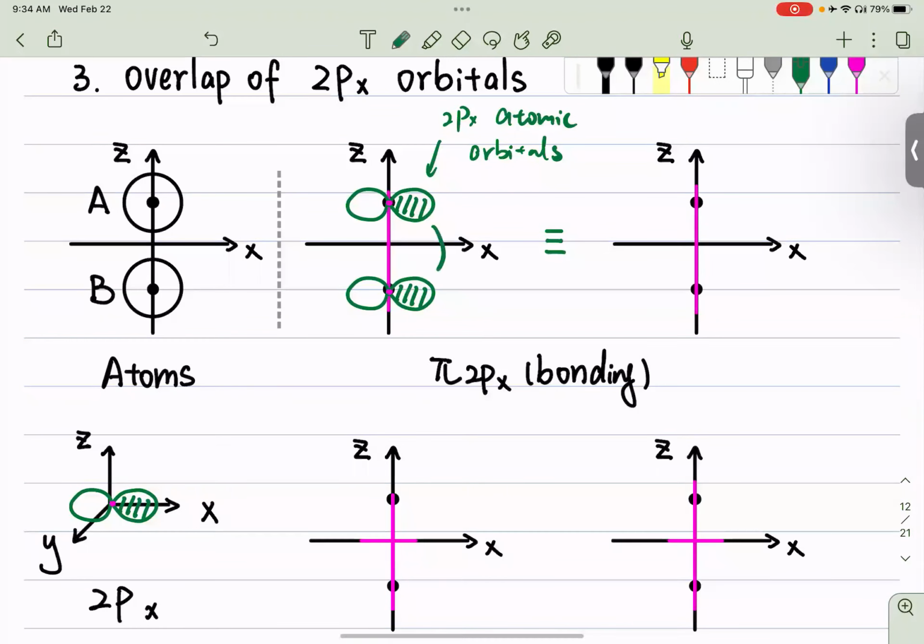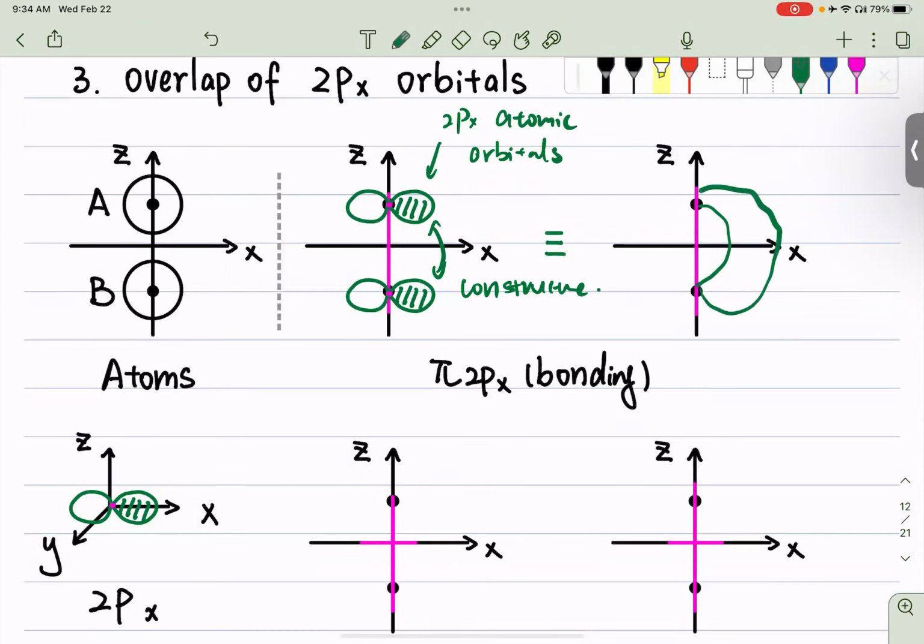And they are interfering with each other via a constructive fashion. Or because of that constructive interference, it's the same as drawing like a lot of electron density on this end. And facing the node plane here, the angular node plane, it's changing its sign. And we call it a bonding molecular orbital because here we have electron density between atoms.